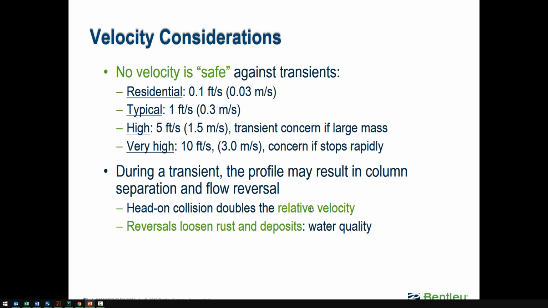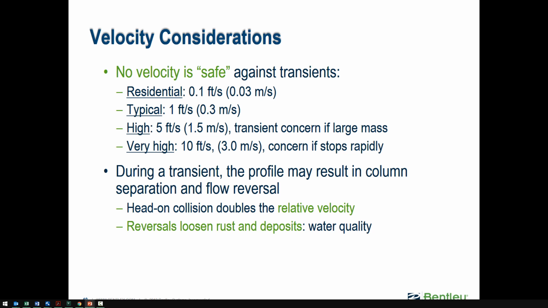It can still experience a significant transient effect, even if the velocity is low, and especially if the pressure is low. The lower your initial pressure, the bigger the risk is that your transient minimum pressure will be a problem. It might be subatmospheric, so during a transient, it might result in column separation.